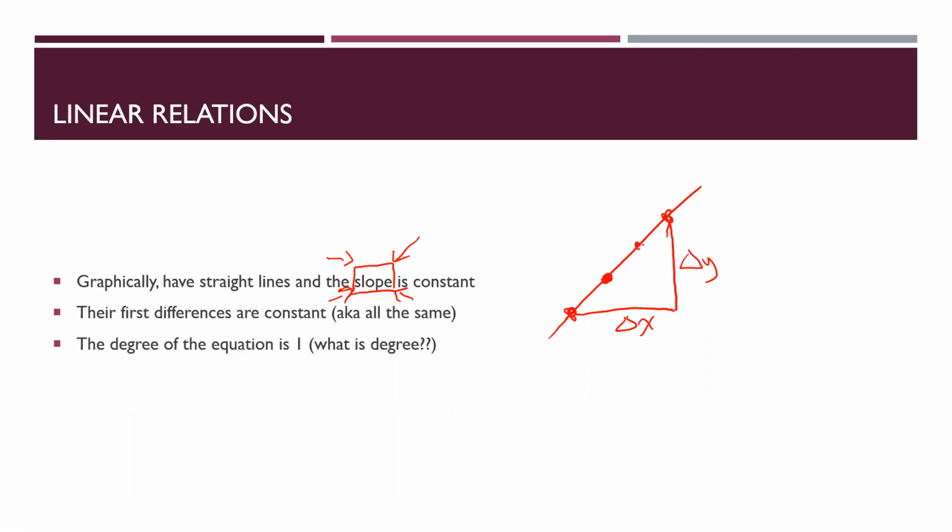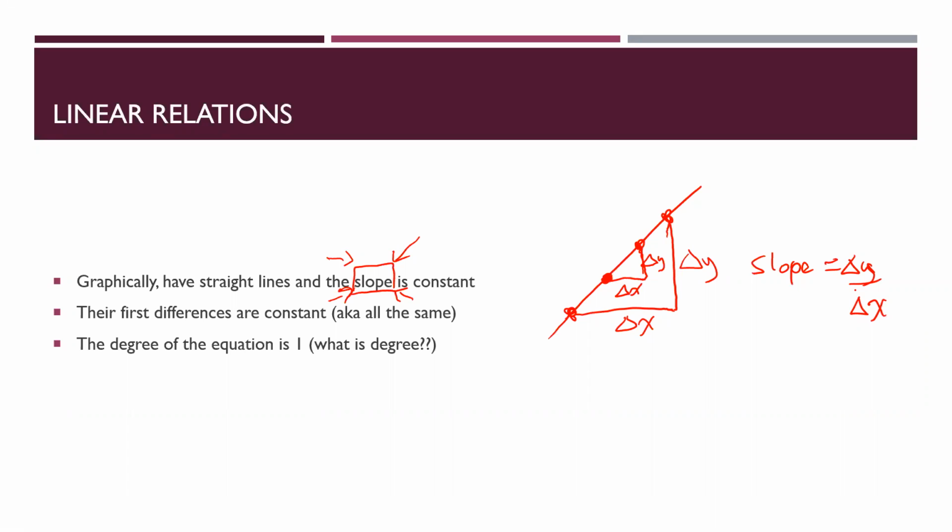So I could take these 2 points over here, and while it might look like a different slope because they're closer to each other, it's still the same ratio if you compare the change in the y and the change in the x here. So what we notice is that the slope, which is change in y over change in x, is going to be the same throughout the whole line.